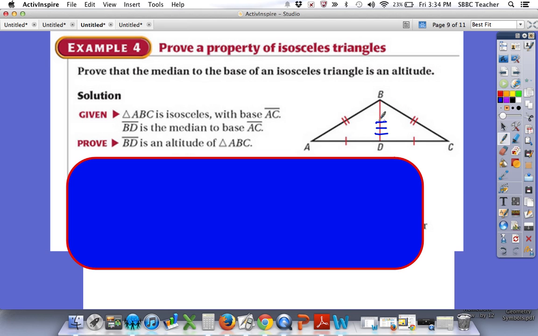Now, because the triangles are congruent, we can say that the corresponding angles are congruent by CPCTC. So these two are congruent. Now, D is a midpoint, so that means, let me open this up.